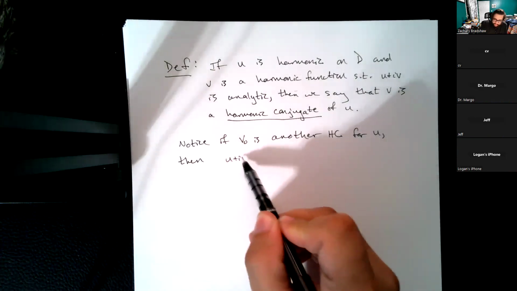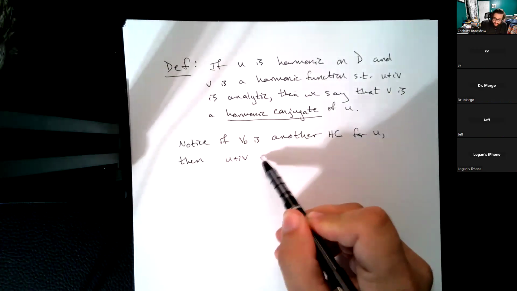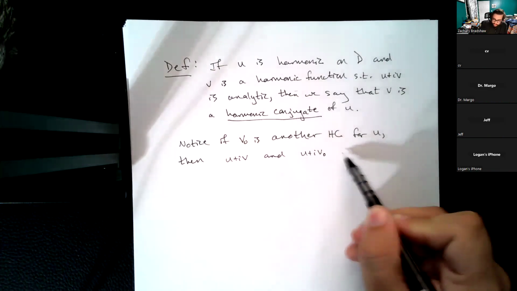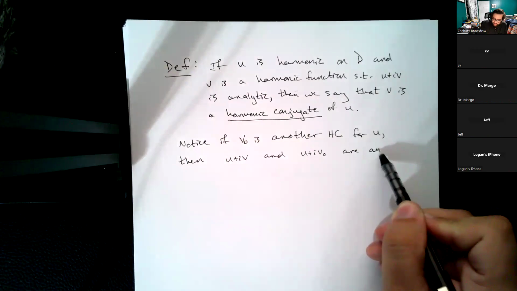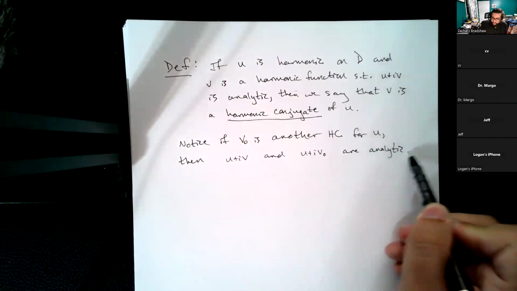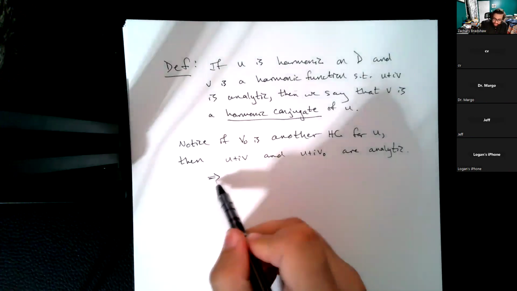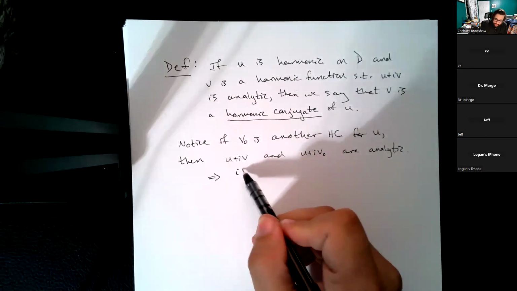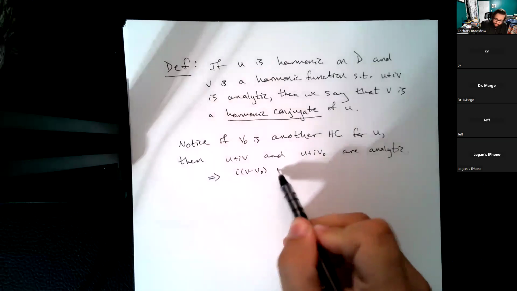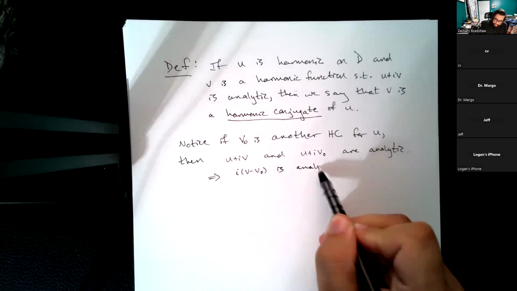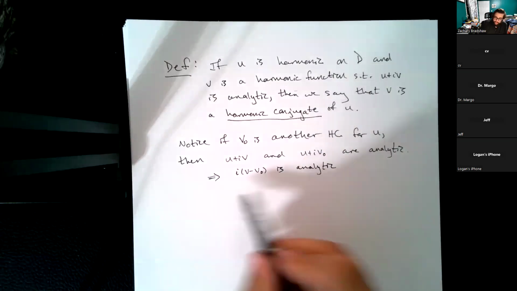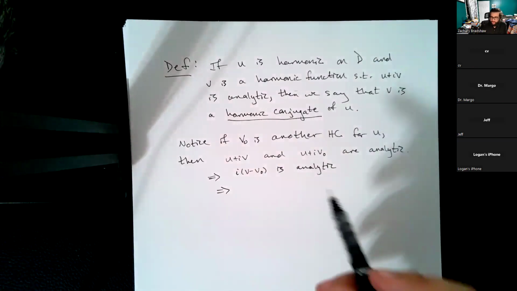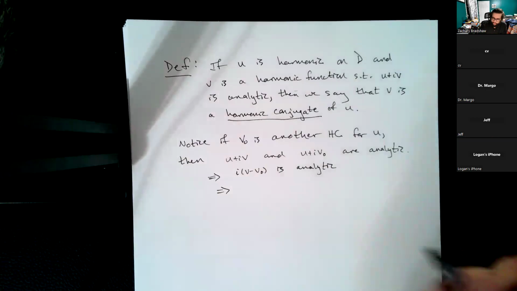We have u plus iv is analytic, and u plus iv0, so these are both analytic. The difference of analytic functions is analytic. So we have i(v minus v0) is analytic. But multiplying by a constant doesn't affect our analyticity either.